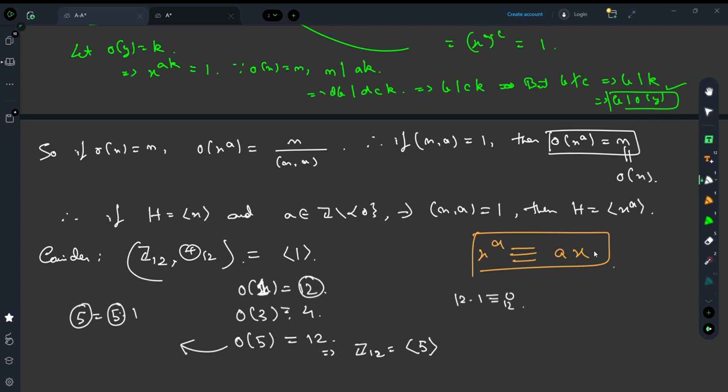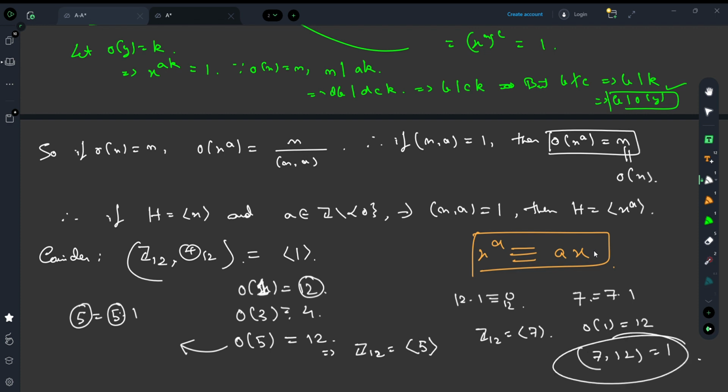Will it also be generated by 7? Indeed, right? Observe that Z12 will also be generated by 7. What is the reason behind that? Because 7 is in the form 7 times 1, the order of 1 is 12, and 7 and 12 are co-prime, right? Indeed.